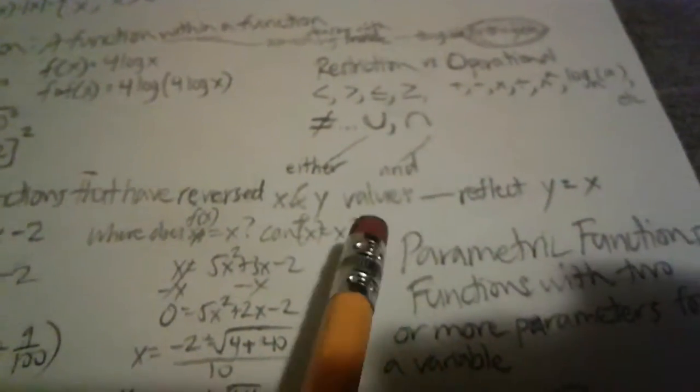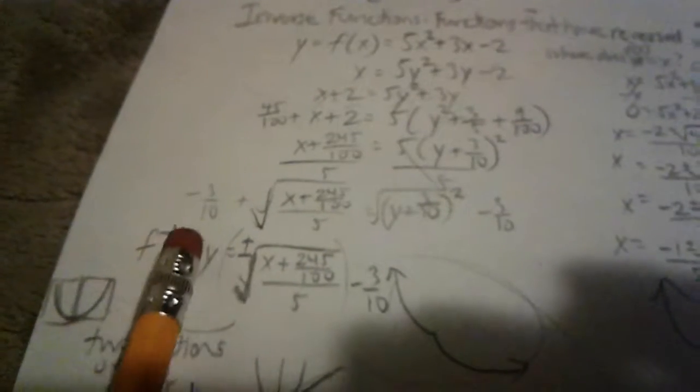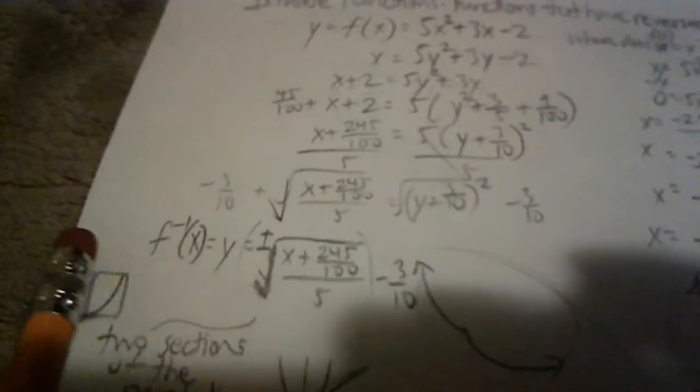However, there are inverse functions that are not really about this entirely, but they are pairs of functions that have reversed x and y values and reflect y equals x. So it's a bit of a mirror. Same thing with reverse x and y values. You can do that with this equation, 5x squared plus 3x minus 2, and you can end up with the inverse. By using inverse operations, that's how you do it.